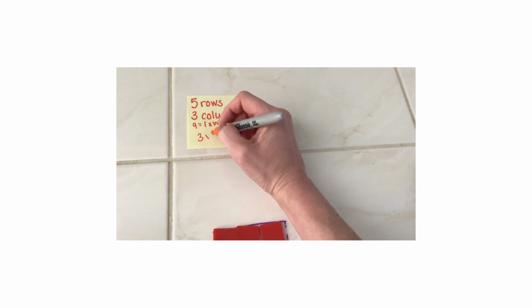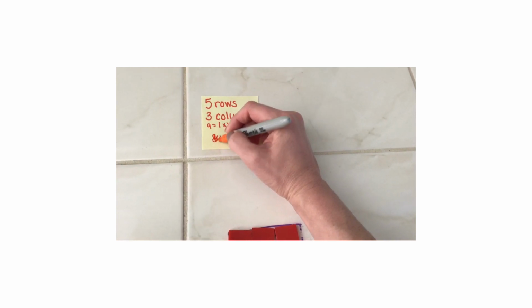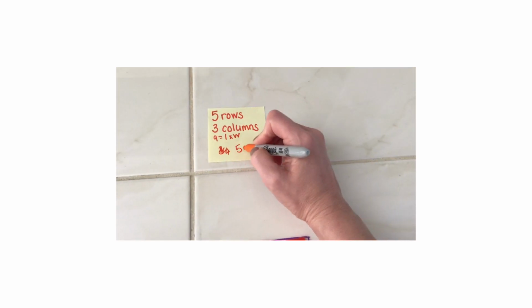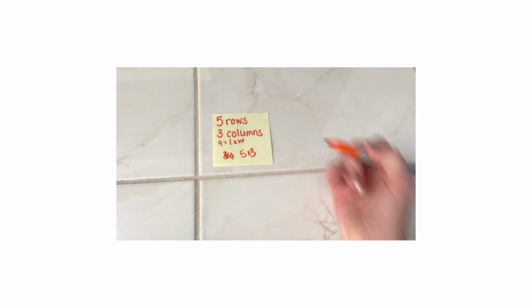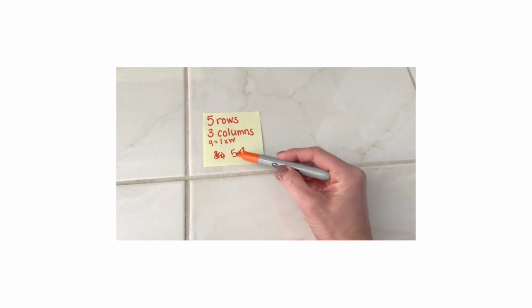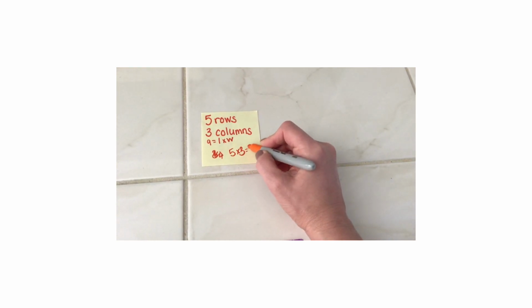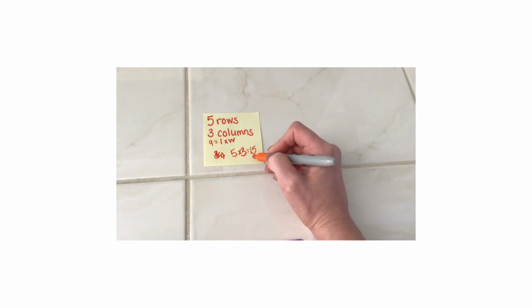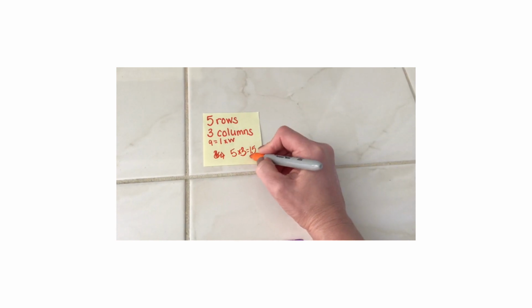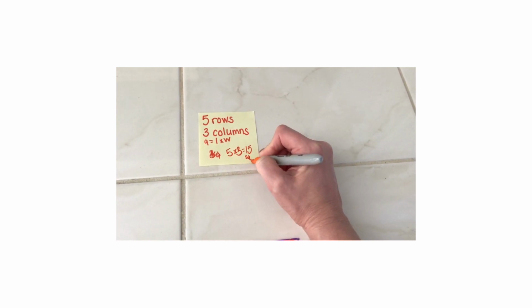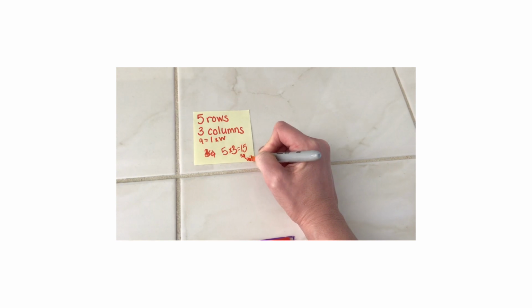Oh, I just said length and then I wrote wide. I am so sorry, boys and girls. My length is 5 and it is 3 squares wide. So 5 times 3 equals 15. Am I done yet? Nope, you're right. I have to write square units. Marvelous.